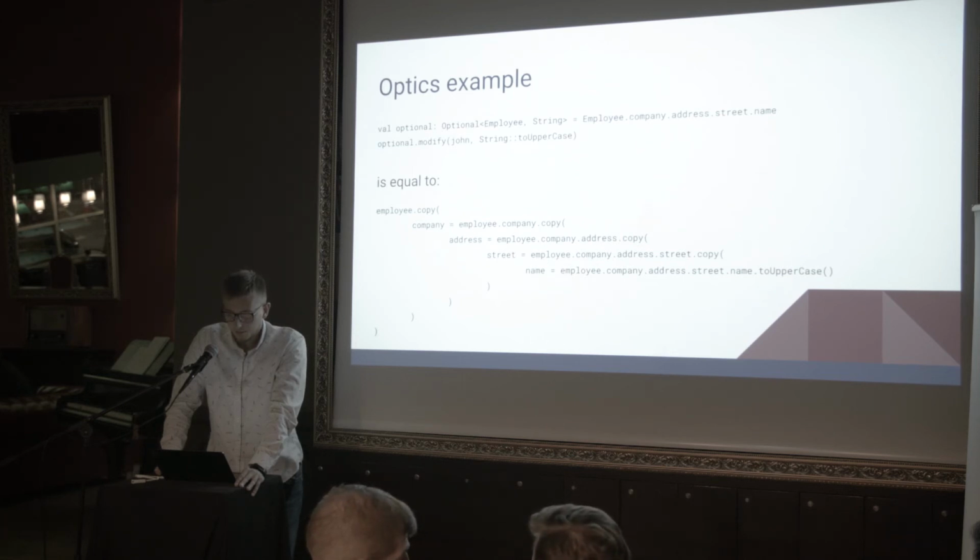We specify the path to the field that we want to update, and we run the modify method on the Optional, passing our object that we would like to modify and the transforming function. It's much more elegant than the second option with ugly nested copies.